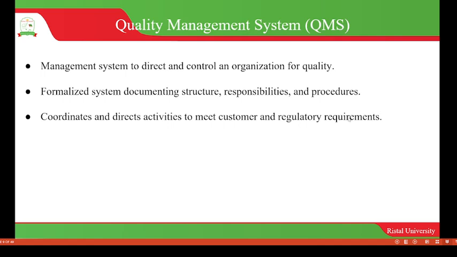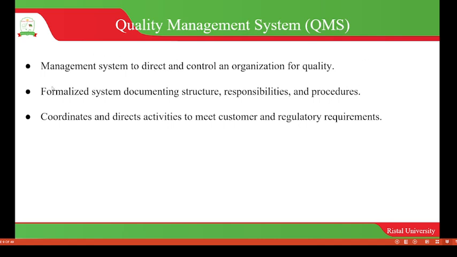Why it is able to do that is because it controls and directs the criteria, production, and distribution of the products such that efficiency and effectiveness is being ensured. And once that is done, that means the quality is also assured.